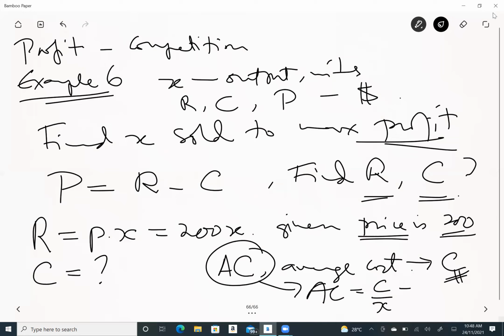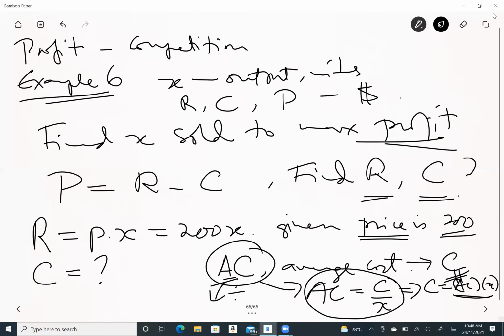And then if you want to find C, you just rearrange that. To find C, it's the average cost multiplied by X. So that's why if you look at that solution, you have here the cost is equal to 80 plus X times X. How do you get it? Because it's average cost times X, from average cost equal to C over X. So remember this: average is always divide.